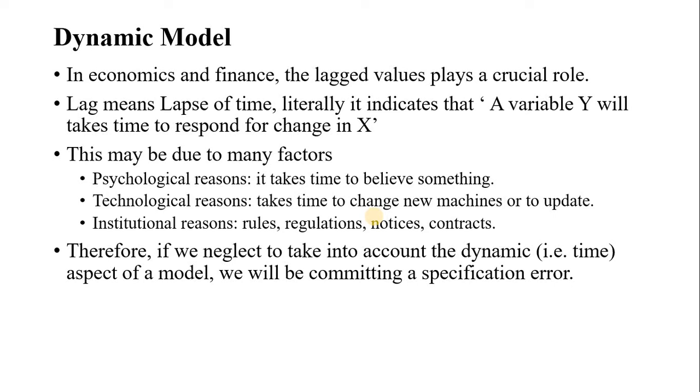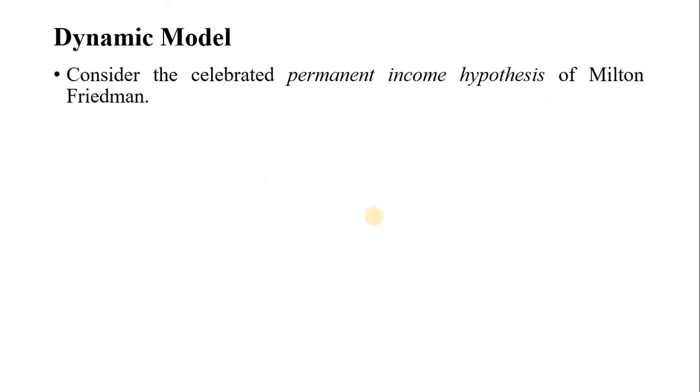As you have seen in the previous semester, if a specification error happens in your model, it will violate one of the assumptions of Euler's, and it will cause problems in your estimation as well as your significance. So we have to include lagged values or a lagged variable in our model if the lagged values have any importance.